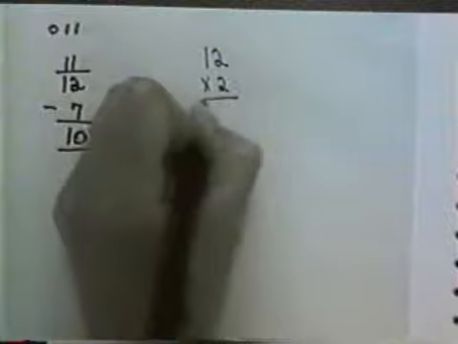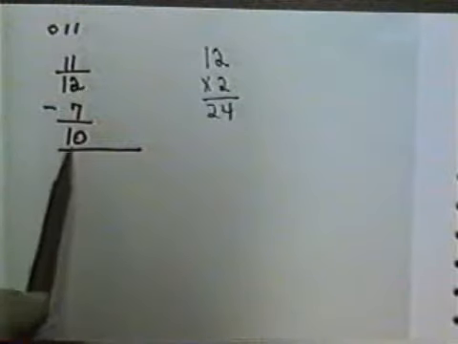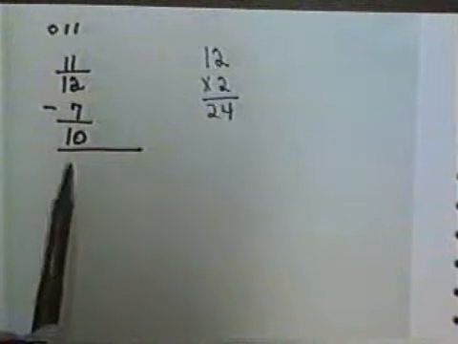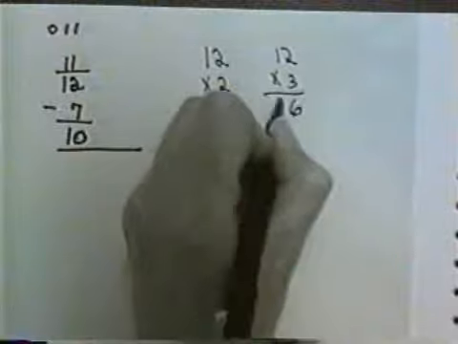So we start with 12, and we can't use 12 because 10 won't go into 12. So I try 12 times 2, and I get 24. That won't work. Now, see, I'm looking for something that 10 will go into. So that means I'm looking for a number that ends in a 0. So I'm not going to have it until I find a multiple of 12 that ends in a 0.